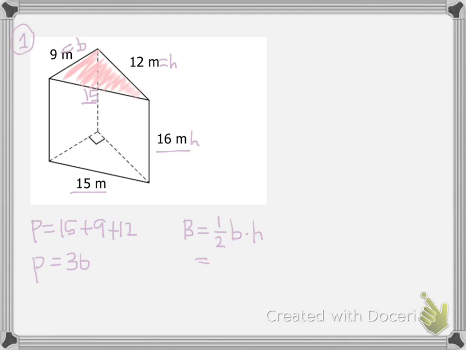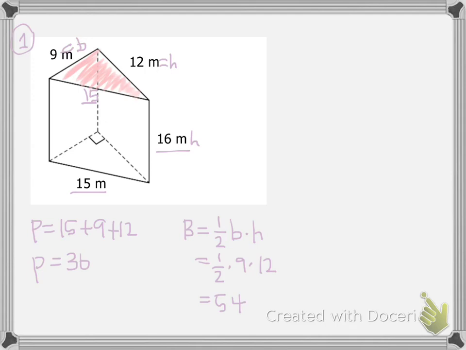So don't get confused with the lettering. So it's 1/2 times your base, which is 9, times your height, which is 12. So that is 54.